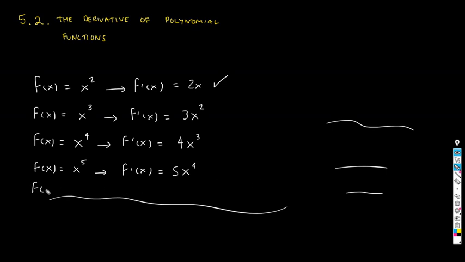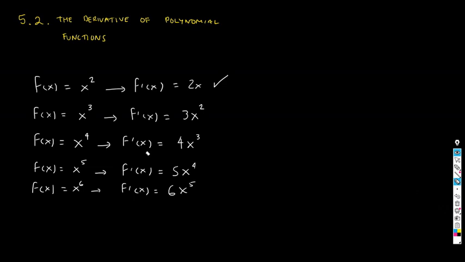If you get f of x equals x to the 6, then its derivative will be f prime of x equals 6x to the 5. So what is the pattern that is appearing right there? Look at all these results, and what is the pattern that is coming up? It's very clear, right?